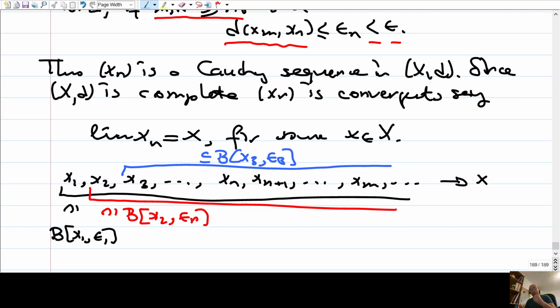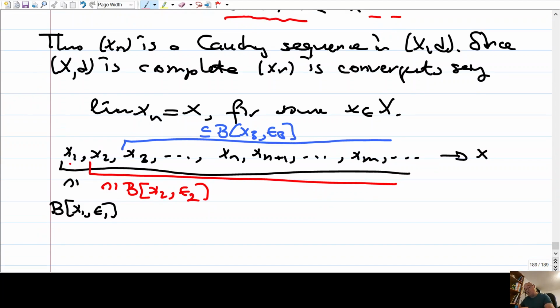And this implies what? So this is 2 epsilon 2. I should be careful. Okay. Well, so this x1, x2, x3 is a sequence in this closed subset, and it is convergent, right?